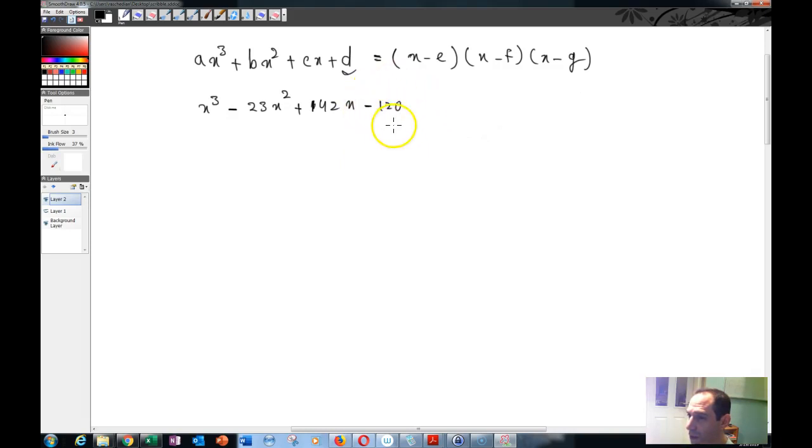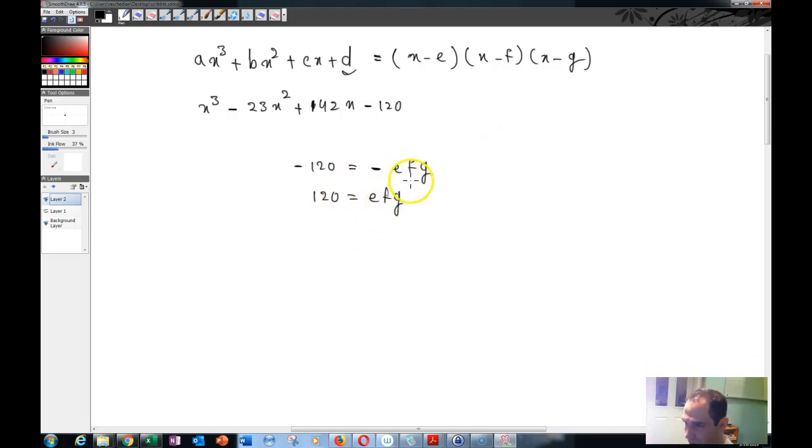Okay, and now since your last term is negative 120, negative 120 would correspond to the negative of the 3 factors multiplied together, meaning that, for example, E, F, and G. And what that means is that 120 is equal to EFG.